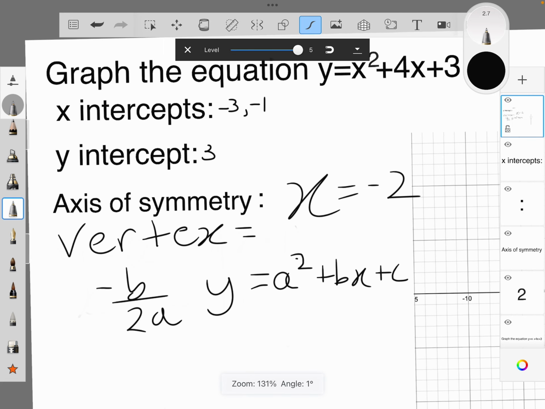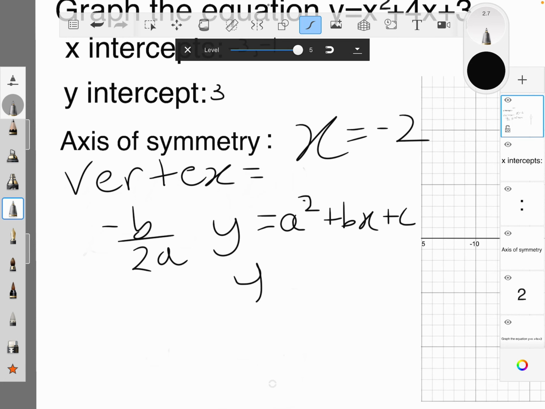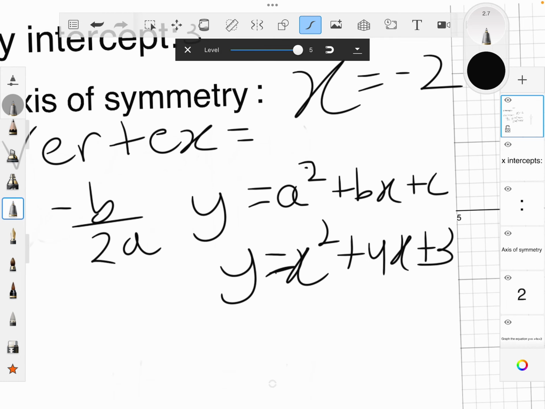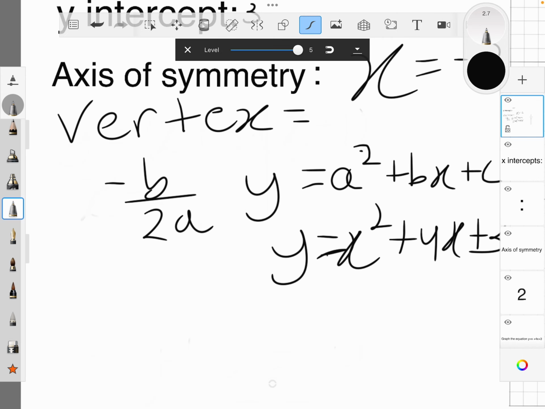So let's write this down. y equals x squared plus 4x plus 3. And now we just plug everything in. So negative 4 divided by 2a, which is just 1, so this is just 2. Okay, so now that's just negative 2.